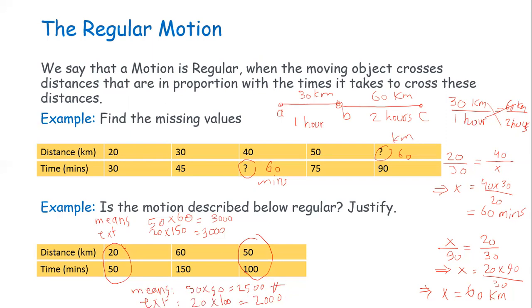This means that those two ratios are not in proportion. This means that the motion is not regular.